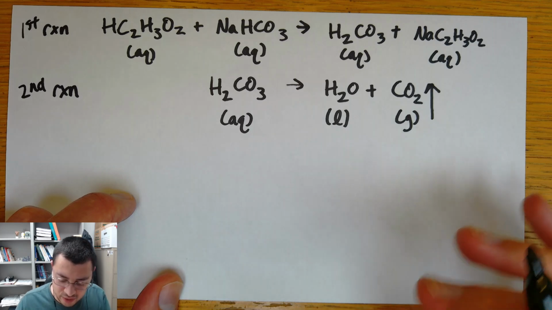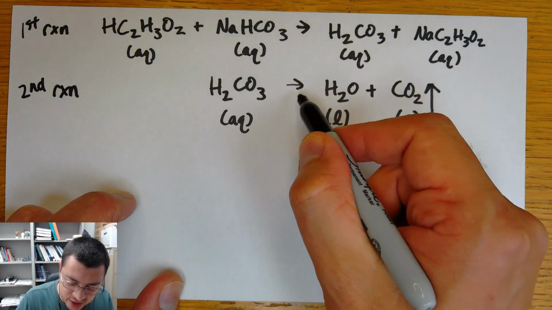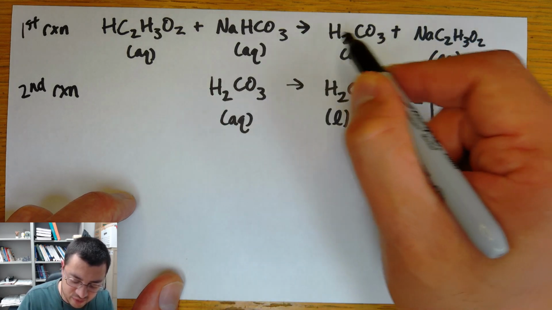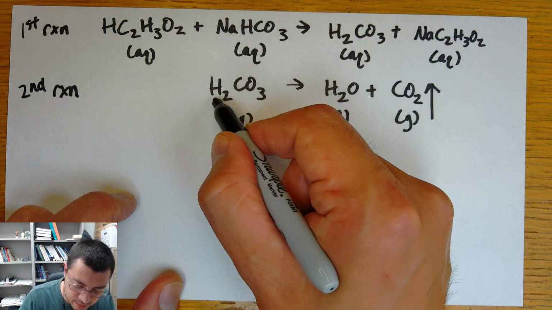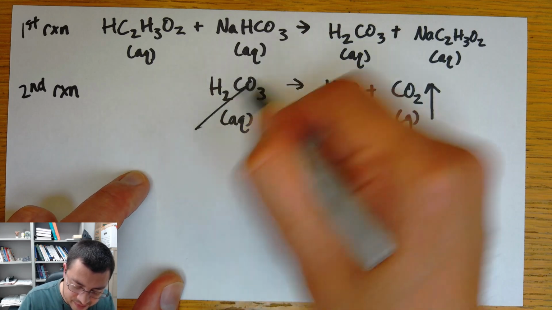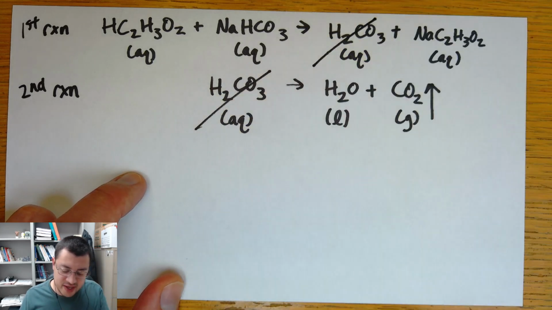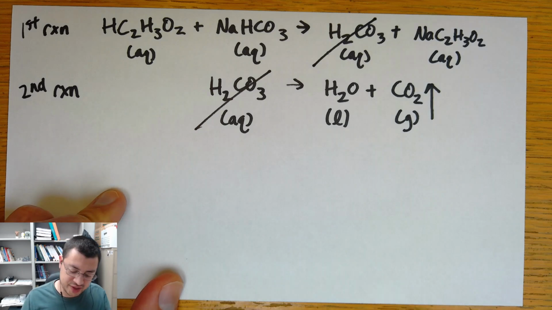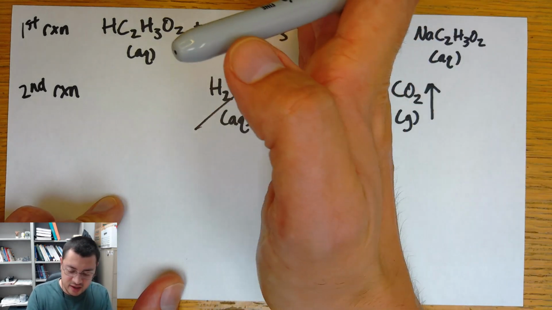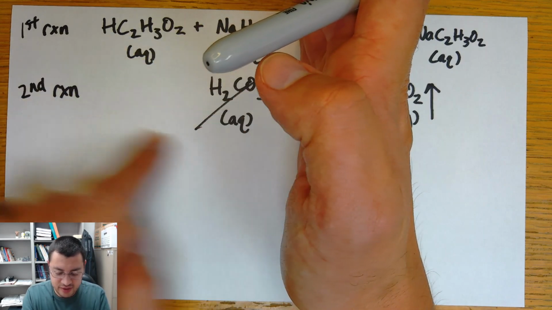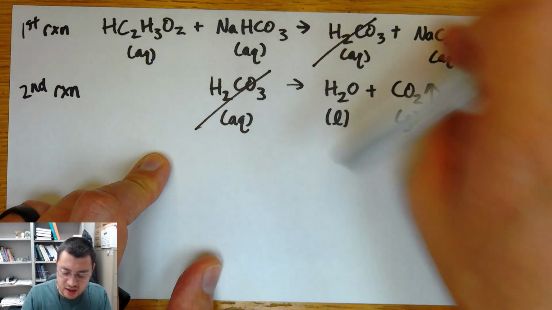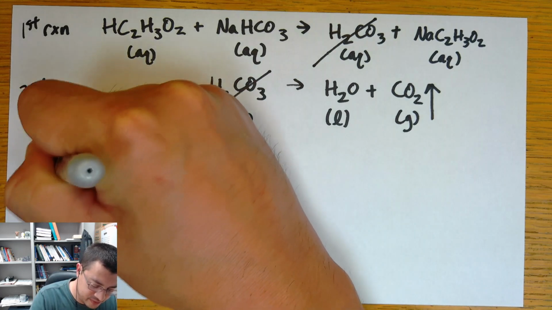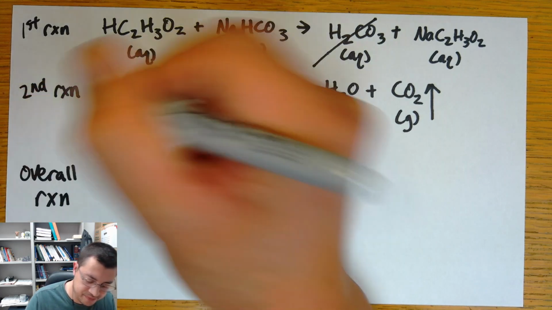Okay, so just like an equal sign, you can cancel a term if you have the same number of it on both sides. We have one carbonic acid here, one carbonic acid there. If they don't want any intermediates, then the carbonic acid would not appear in the overall equation. So we would just take everything on the left with all the equations and everything on the right, and then we would write our overall equation, overall reaction.